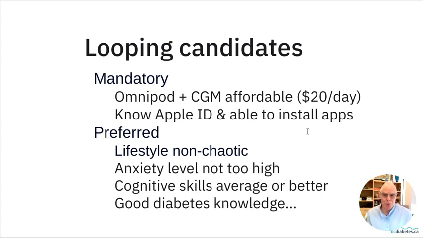A preferred loop client is someone whose lifestyle is non-chaotic, whose anxiety level's not too high, whose cognitive skills are average or better, and they have good diabetes knowledge. It makes it so much easier if all these factors pertain, but of course it wouldn't be half as challenging if everybody we took was like that.